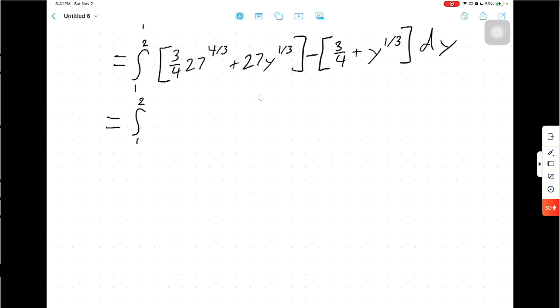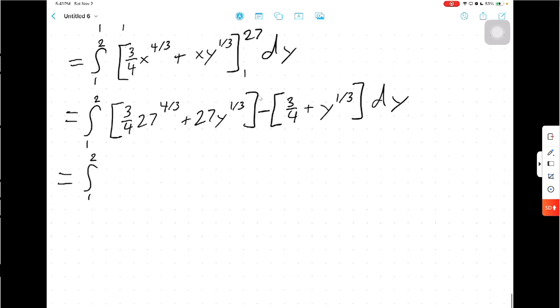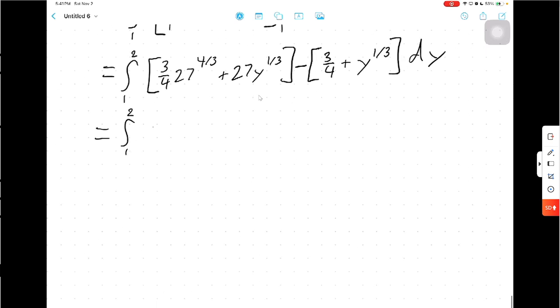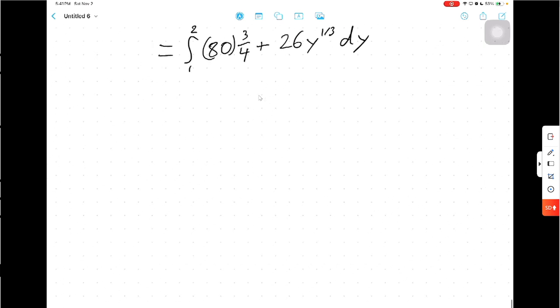So this is 81 times 1/3 times 3/4 minus 1 times 3/4, so this is 80 times 3/4 plus 26y to the 1/3. Integral from 1 to 2, 80 divided by 4 is 20, so we get 60.